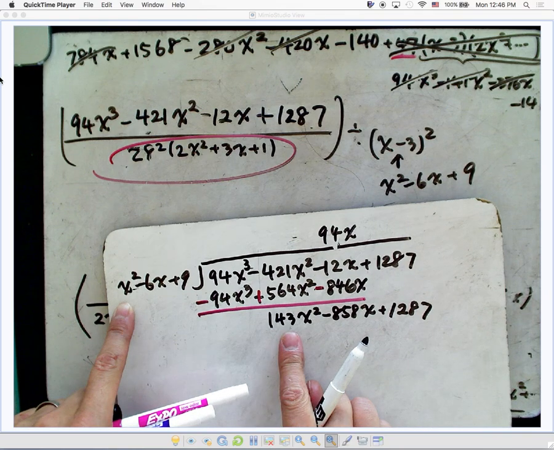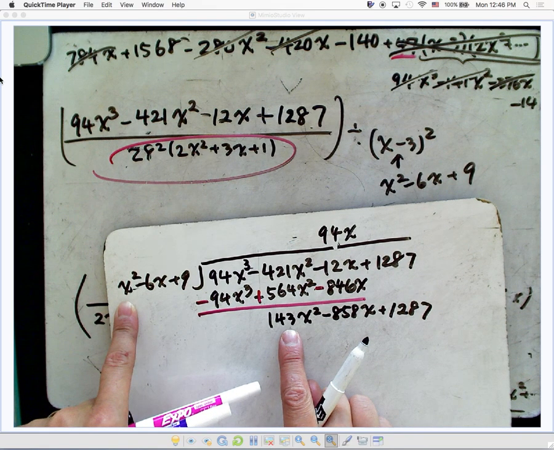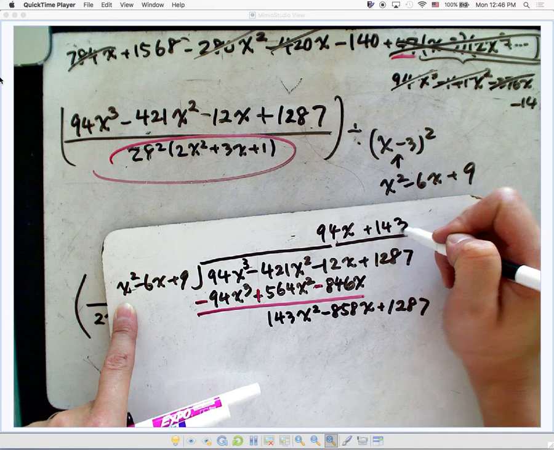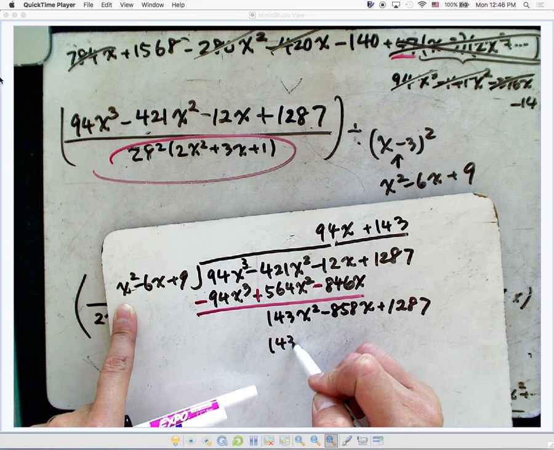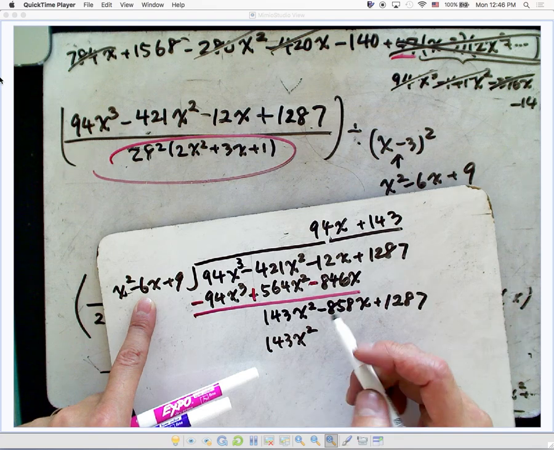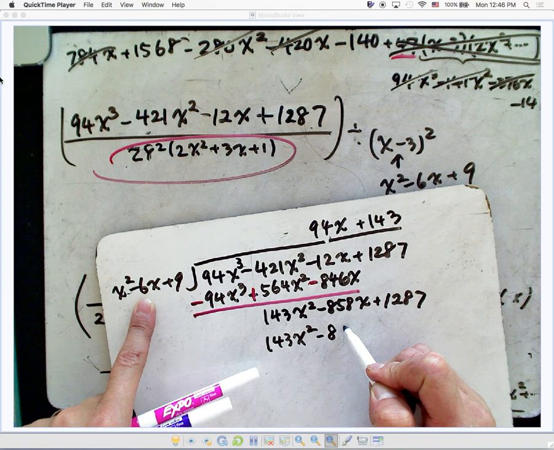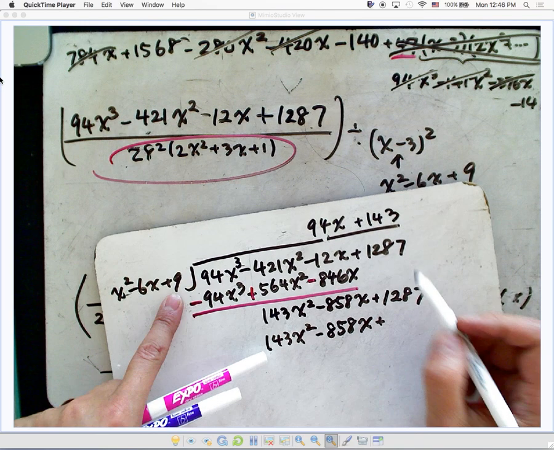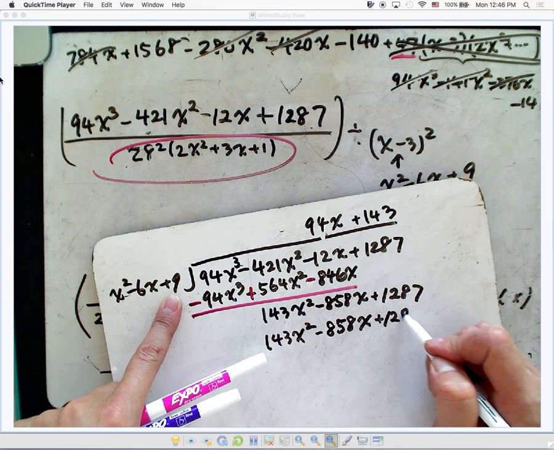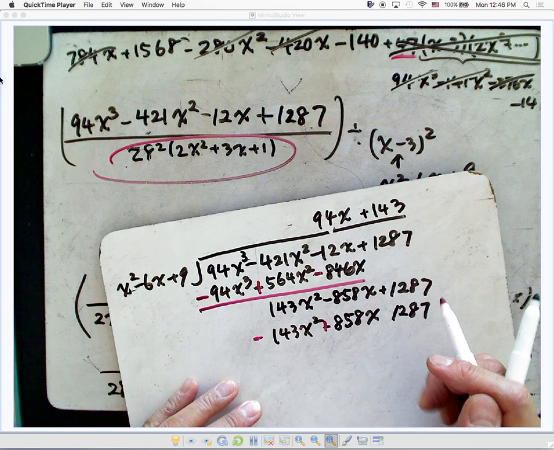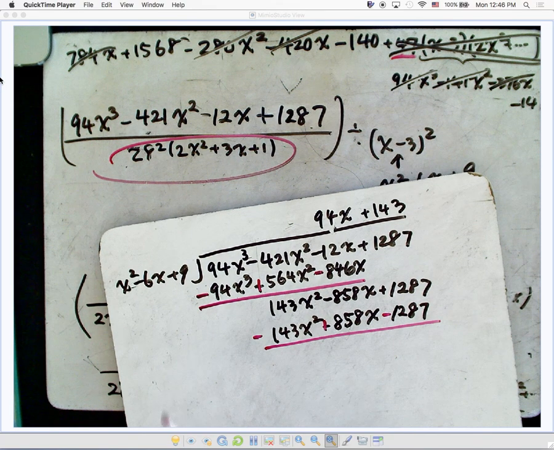Now I look at the leading coefficients of the remainder and divisor and make them match, so I multiply by 143: 143x² minus 6 times 143x, which is negative 858x, plus 9 times 143, which is 1,287. Subtracting, of course, I get 0.